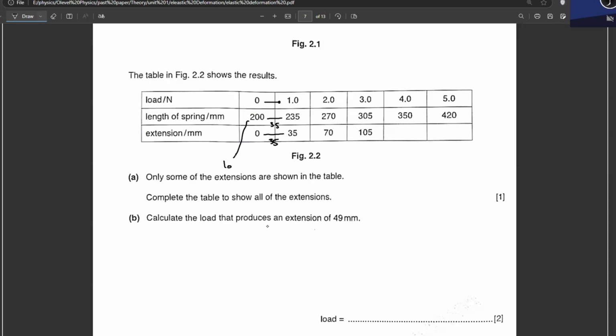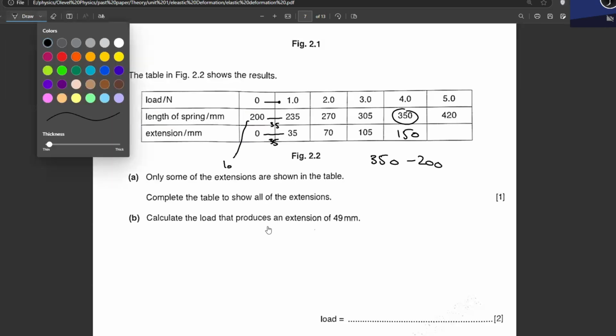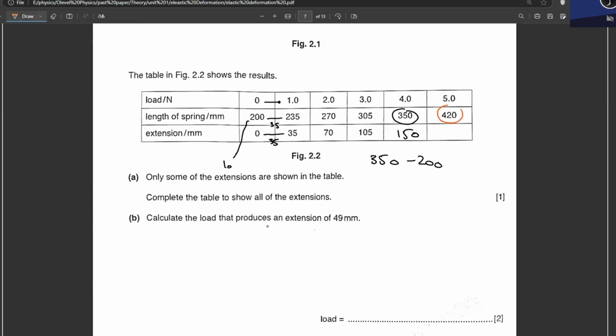At a load of 4 Newton, your total length of the spring is 350. What will be your total extension? How will you calculate that? 350 minus the unstretched length, that is 200. 150 comes out to be your answer. Now let's move on to the second length. This is 420. 420 minus the initial length of 200, you will get the extension again, that is 220.